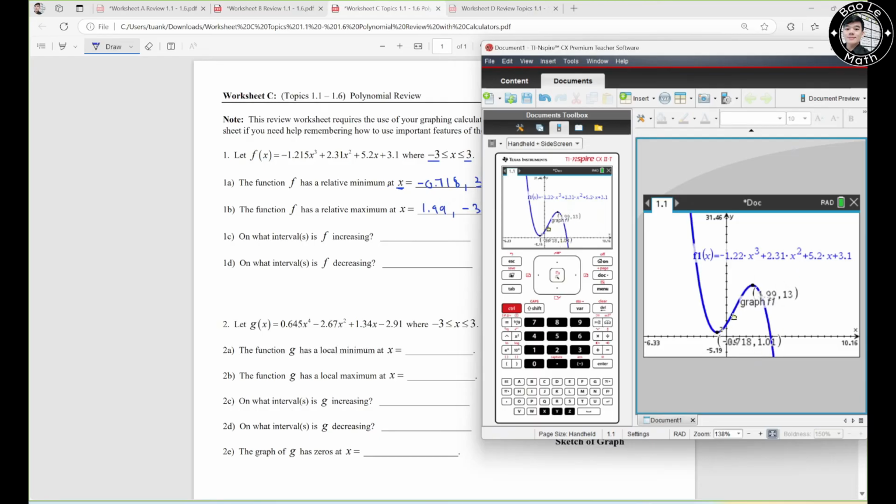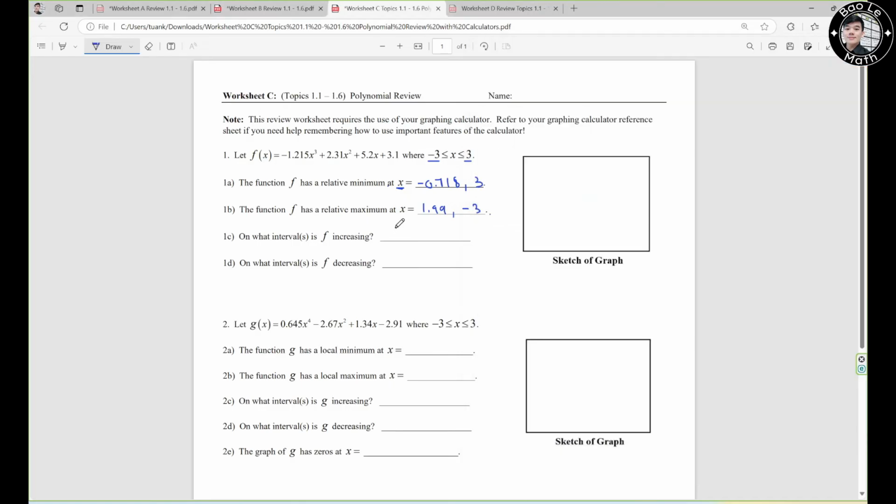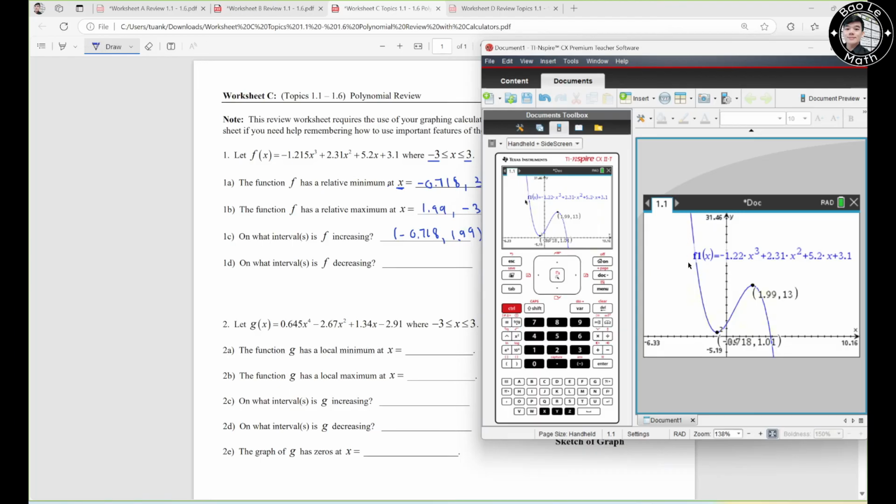This one right here, the middle one, because the tangent line has the positive slope. So we have the interval negative 0.718 to 1.99.